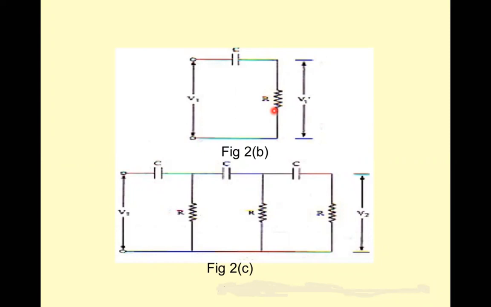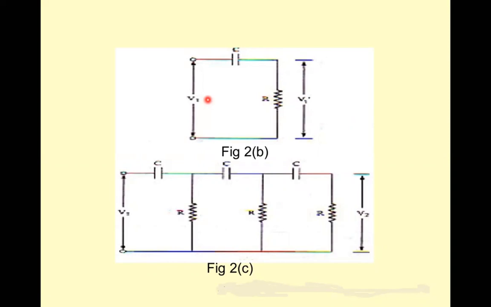If R were reduced to 0, if you take the resistance value as 0 in the circuit, then V1 dash will lead V1 by 90 degree. It means if the resistance is too low or almost 0, then V1 dash will lead the voltage V1 with a phase angle of 90 degree.